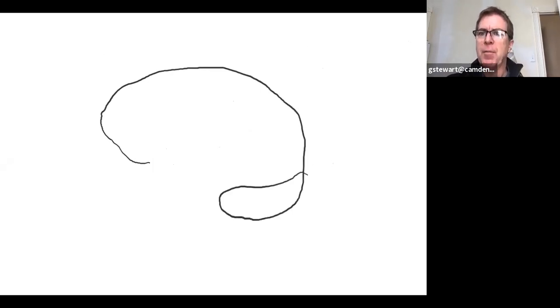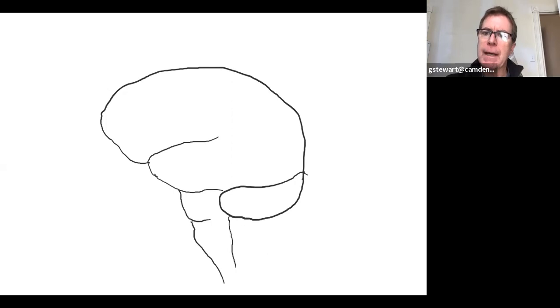There's the cerebellum that hangs down below the occipital lobe. So that's kind of what the brain looks like from a lateral side view. Here's the brain stem. I'm going to use this diagram to identify specific structures, and right now we're doing cortexes within the cerebral cortex. I'll try to stick with the colors that your book uses to help you.